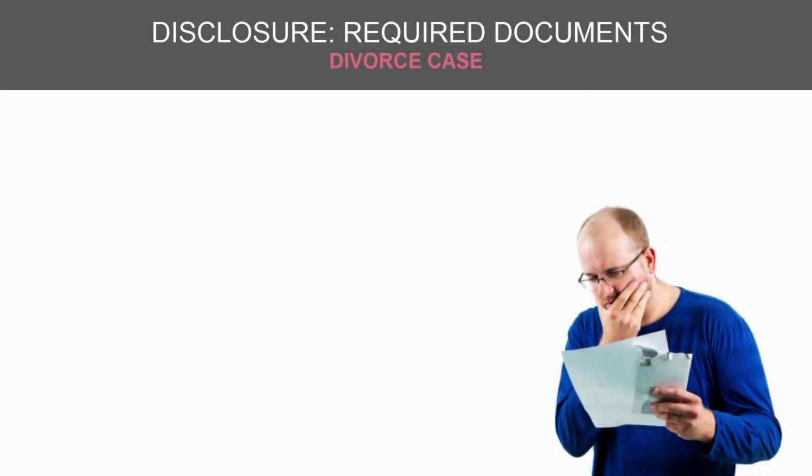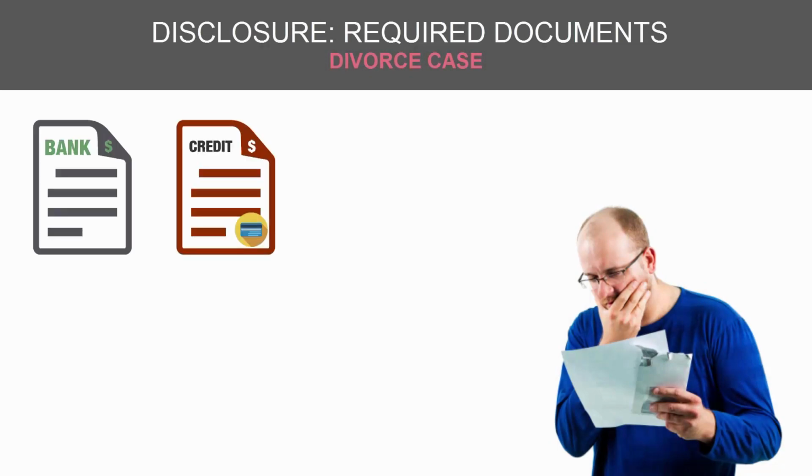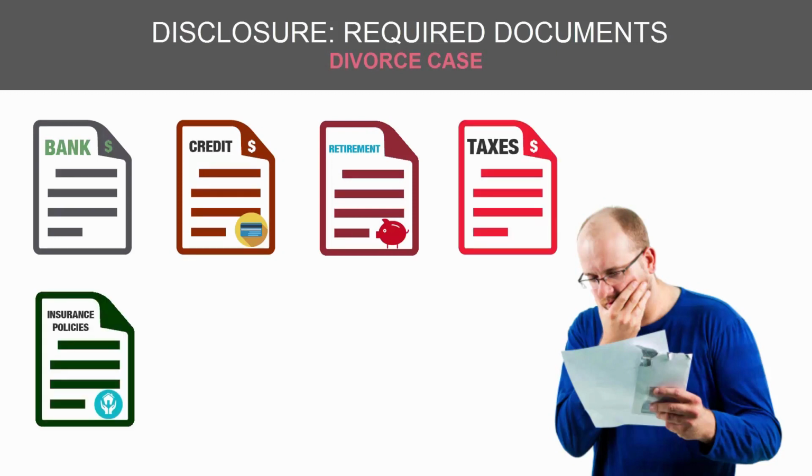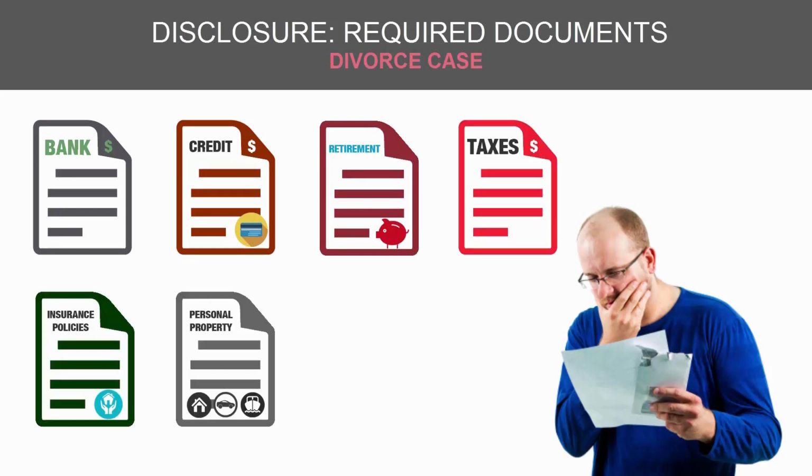Lastly, you need to comply with your disclosure requirements. In every divorce and paternity case where the parties are unable to reach an agreement on all of the issues before the resolution management conference, each side must provide certain documents and information to the other side. For example, in a divorce case, you may have to provide statements from bank accounts, credit card accounts and retirement accounts, copies of tax returns and insurance policies, and lists of any real or personal property you own.